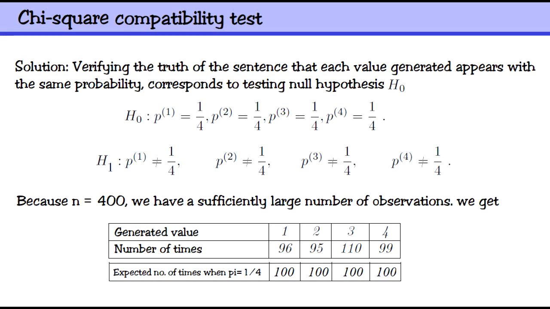Since n equals 400, we have a sufficiently large number of observations. Therefore, we can use the chi-square compliance test.